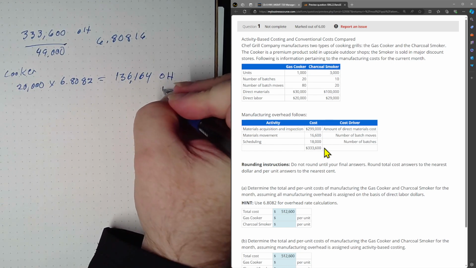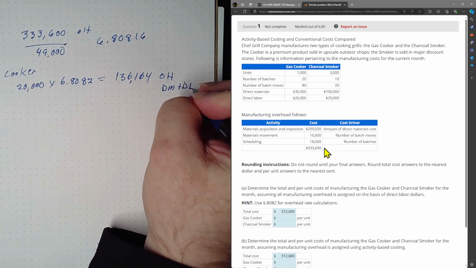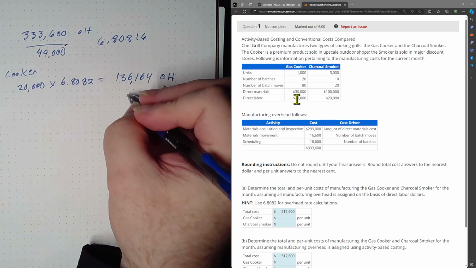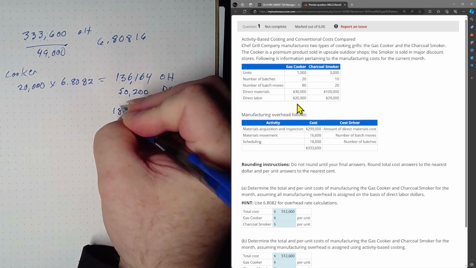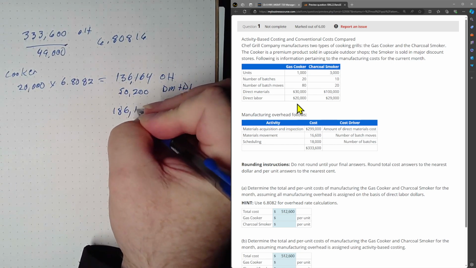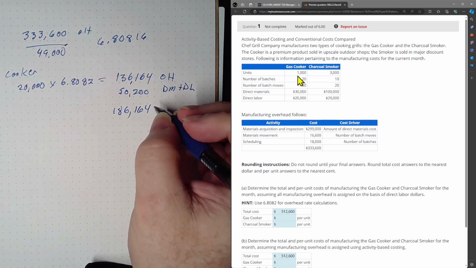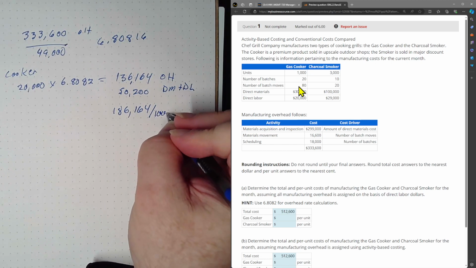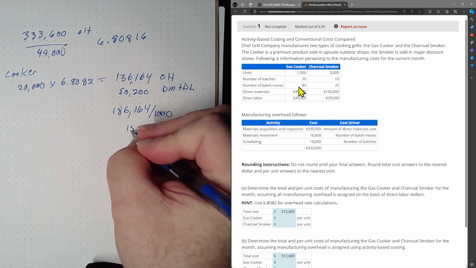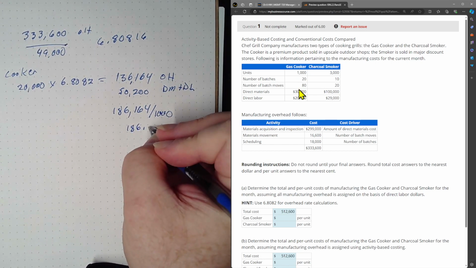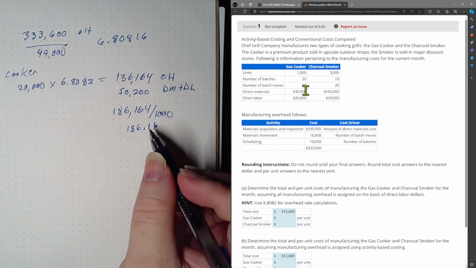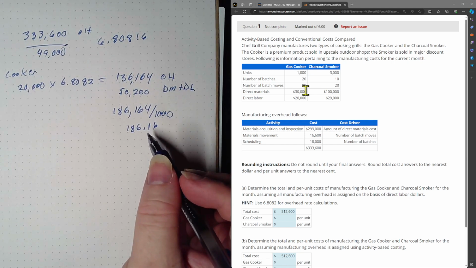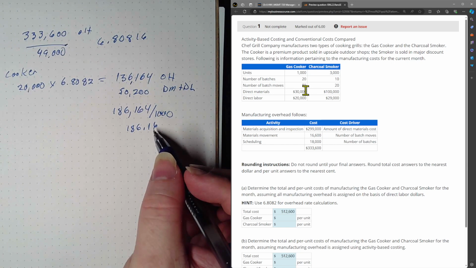But we have to add in the direct materials and direct labor as well. That's 50,000, 30 plus the 20. So this is going to be 186,164, and it's 4,000 units divided by 1,000 units. So that's going to be $186.16. I don't think they want us to round up. I think they just want us to round. Anyway, we'll give that a try.